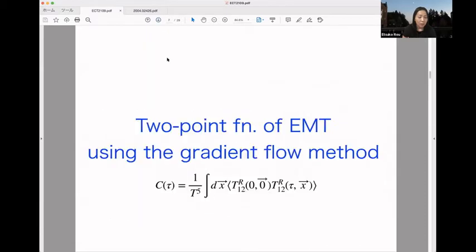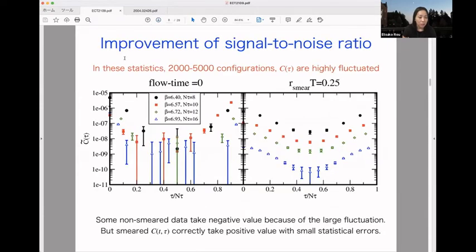And now we would like to apply this gradient flow method to measure the two-point function of the energy momentum tensor, this one. First of all, let me show you the improvement of the signal to noise ratio. In this plot, we generate only 2000 to 5000 configurations. If we do not perform the gradient flow, the non-flowed correlation function is quite noisy.